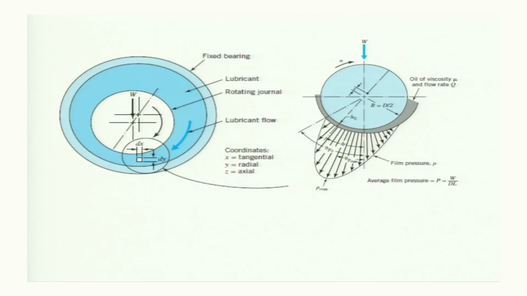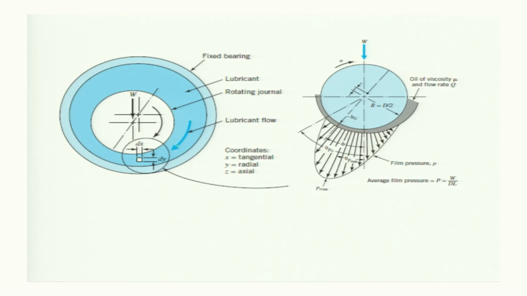Here again the journal and the bearing are shown, and in between is the clearance. This clearance space is highly exaggerated; this much clearance will not be there, the clearance is very, very small.